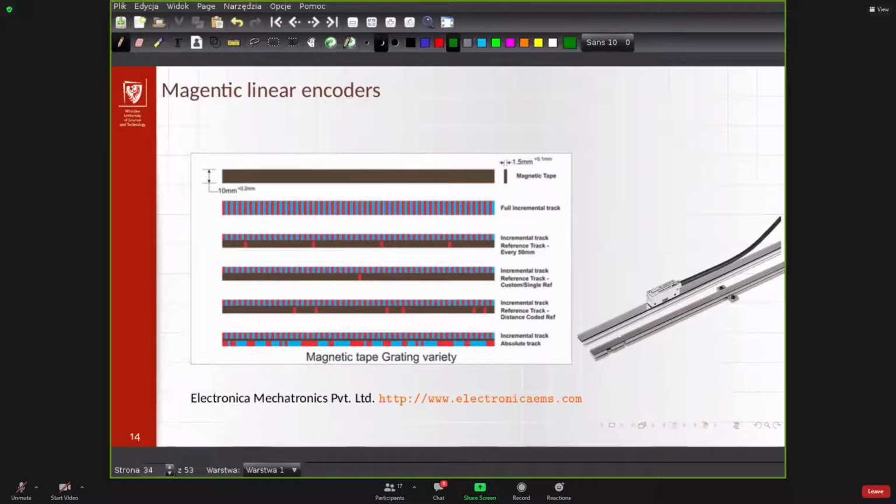The first example is a pure incremental. The second one is incremental with resetting every some time, like reference points, similar to the Z channel of the rotary encoder that we have seen a while ago.